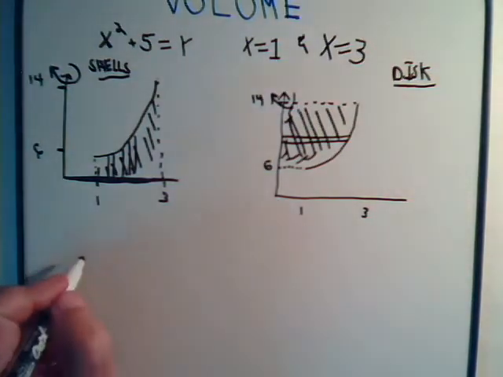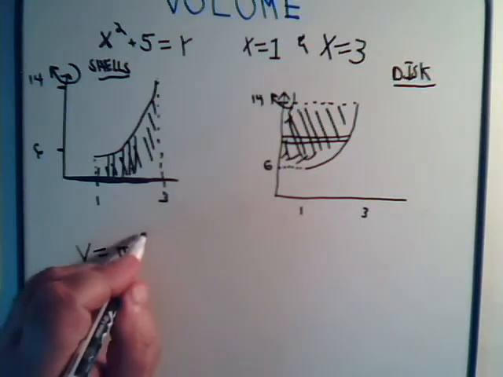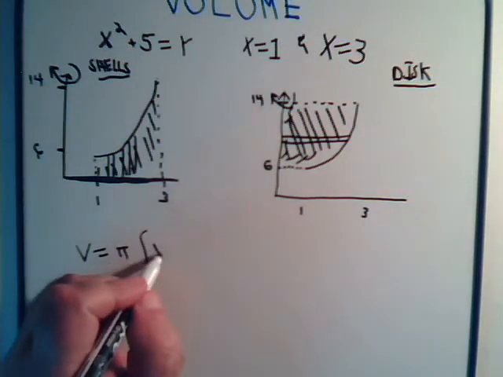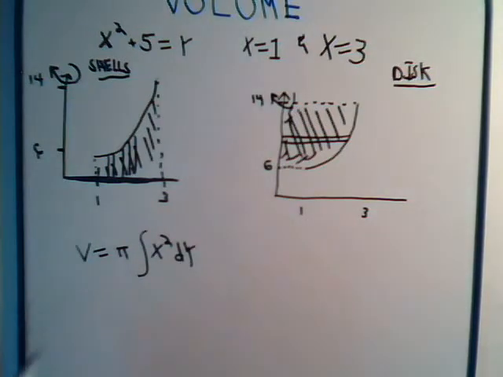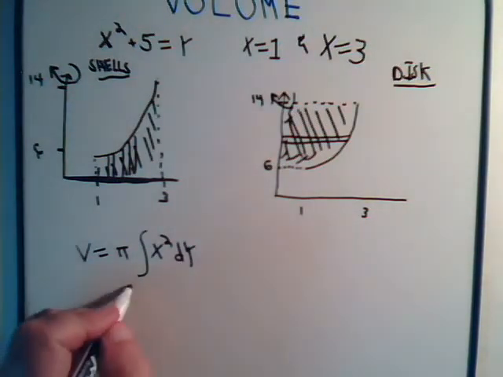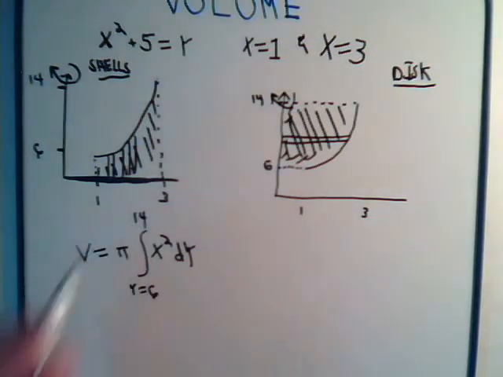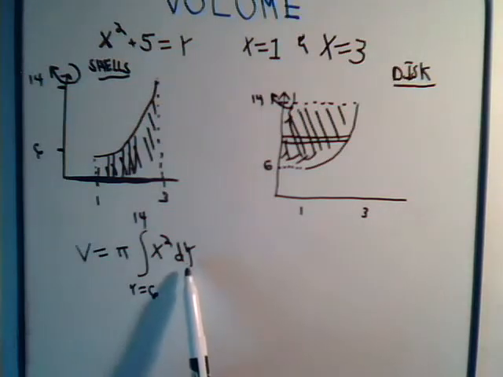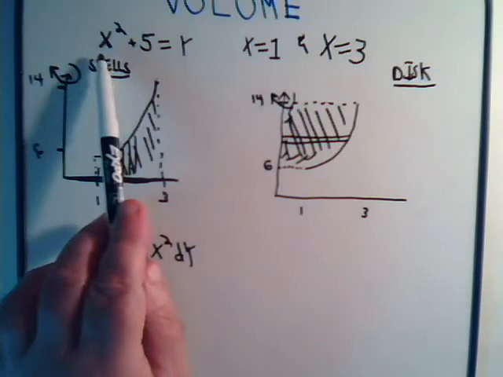Now for this one, the volume integral equals pi times the integral of x squared times dy, and y goes from 6 to 14. And we're integrating with respect to dy, so x squared has to be expressed in terms of the variable y. Well, that's real easy.